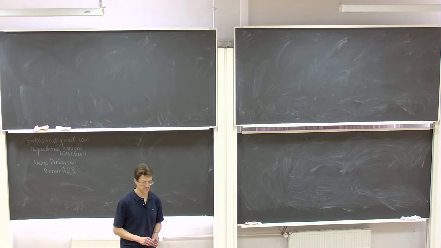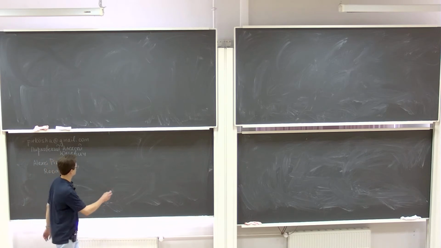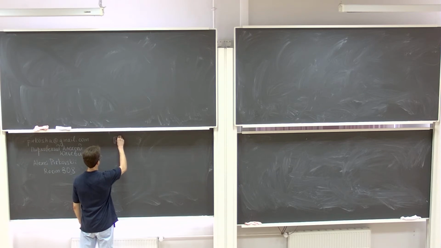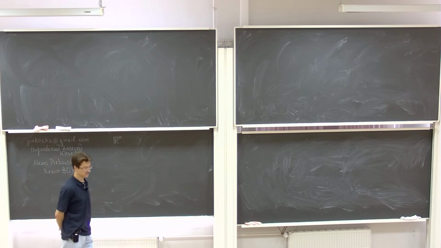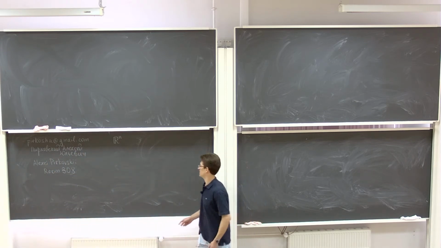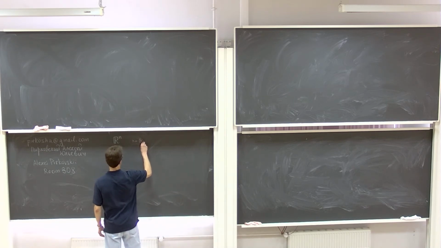And to get some feeling on what it means, let's look at the following toy example. So let's consider the space Rn, which you are probably familiar with since your kindergarten. So Rn consists of ordered n-tuples of real numbers, x1 to xn.